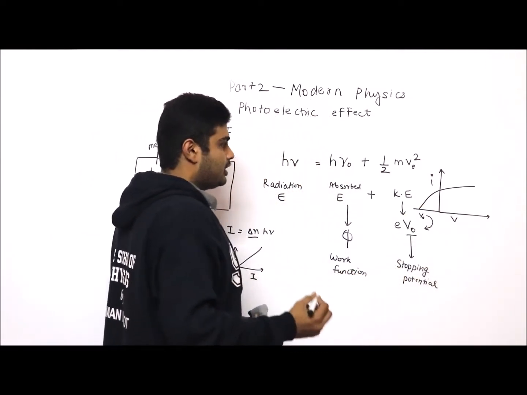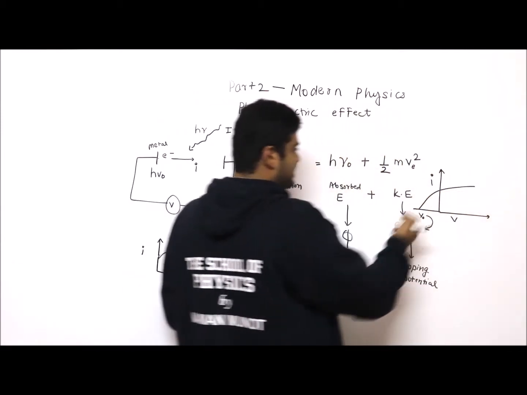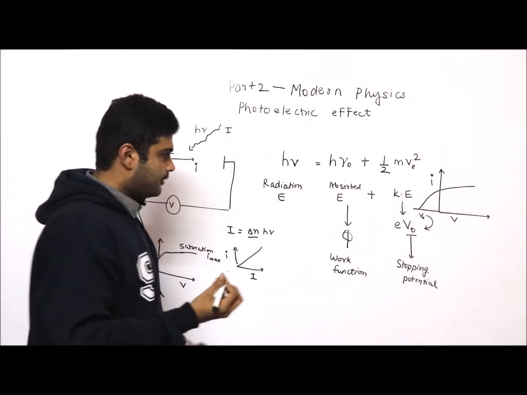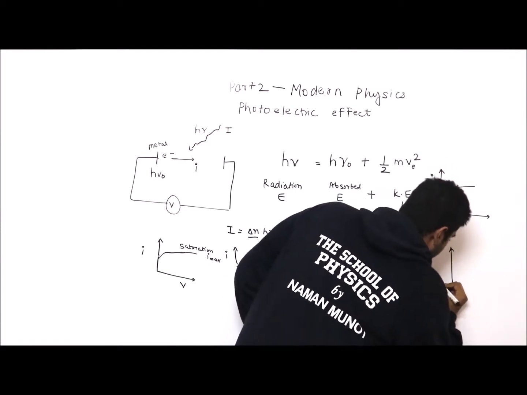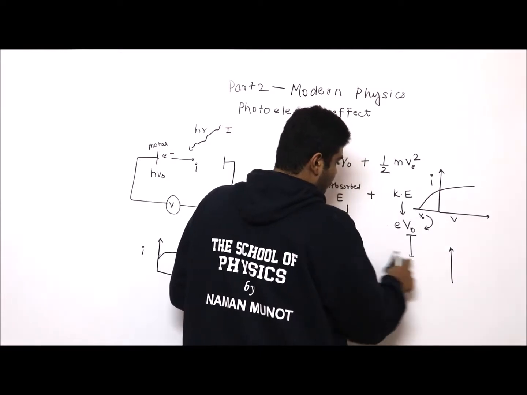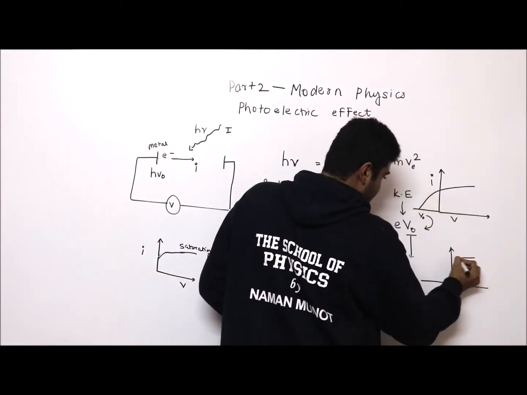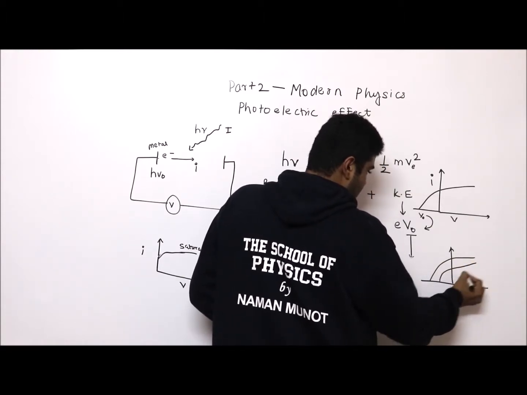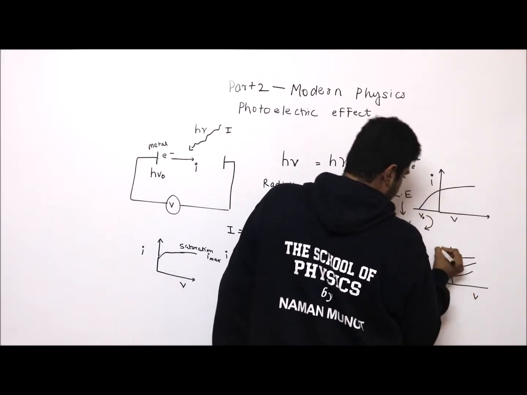Now the stopping potential also has some variations. The saturation current depends on intensity: the higher the intensity, the higher the saturation current. Now for the stopping potential, we have frequency. This stopping potential for different frequencies will be something like this. This is the voltage, this is the current.